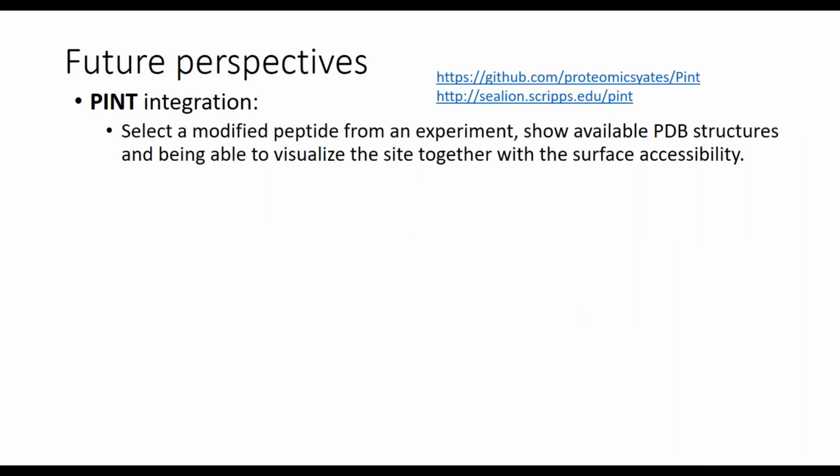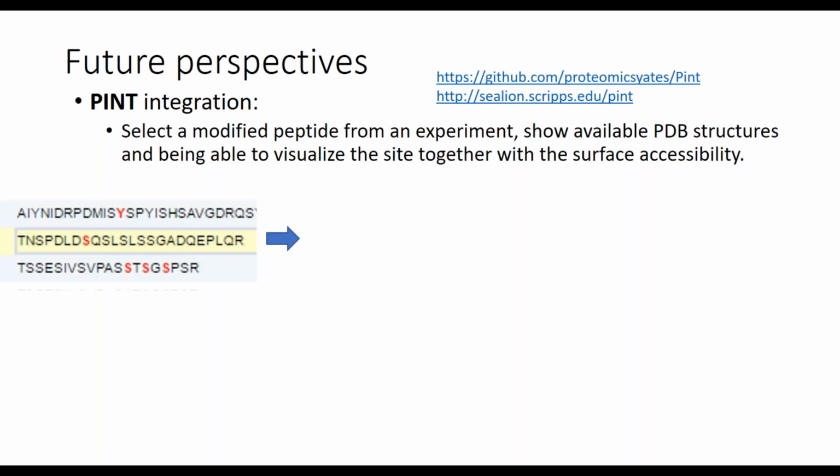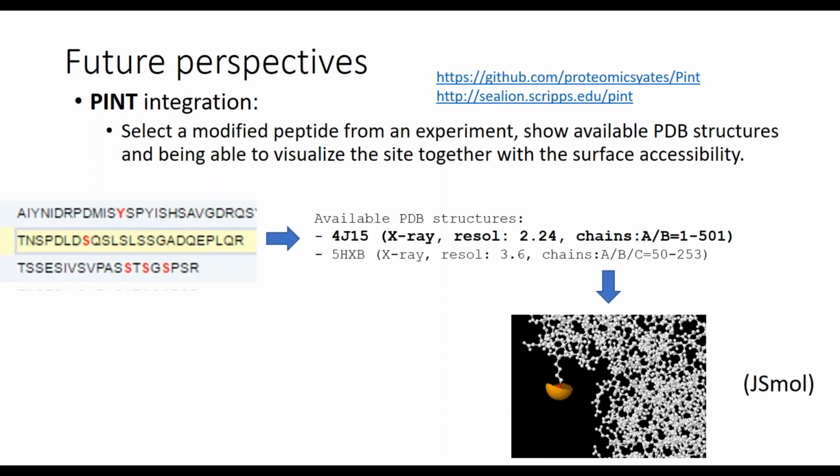Also, we plan to integrate this in Paint. So the idea is that people go to Paint, this online database for proteomics experiments, select a particular peptide from an experiment, and then show the available PDB structures, and visualize this particular site together with the surface accessibility, something like this scheme.